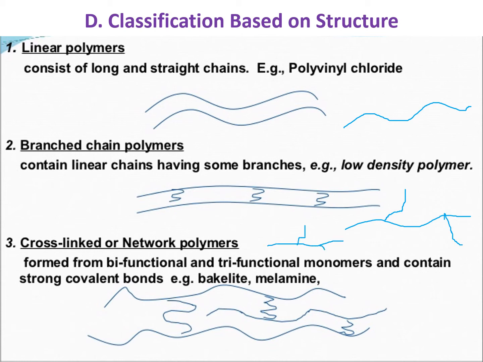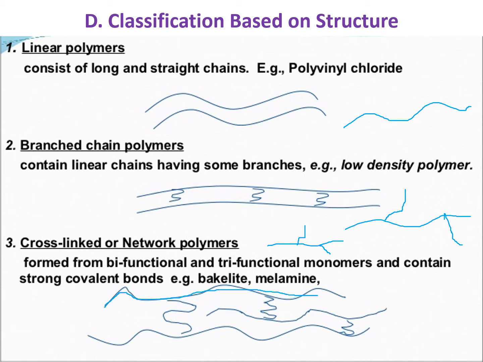And the third one is cross-linked or network polymers, or three-dimensional polymers. That means one linear polymer chain and another linear polymer chain are connected with covalent bonds. Then that type of polymer is called a cross-linked polymer. If you observe here, this is one linear polymer chain.